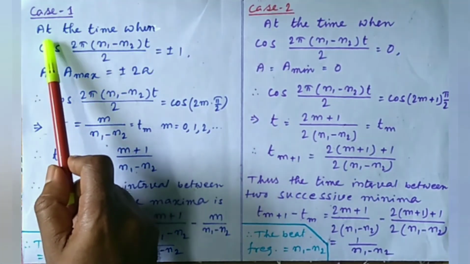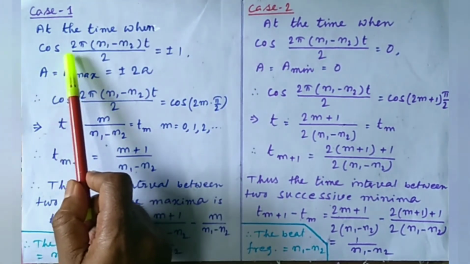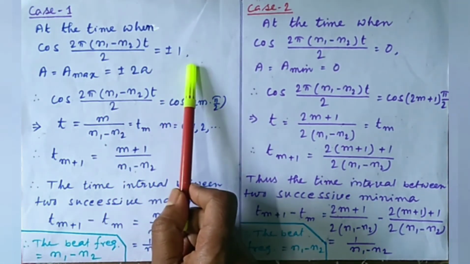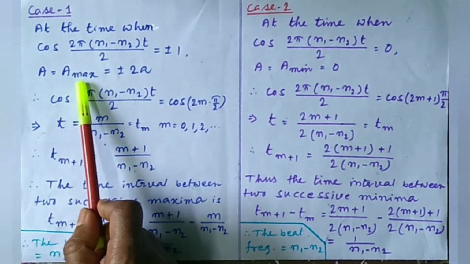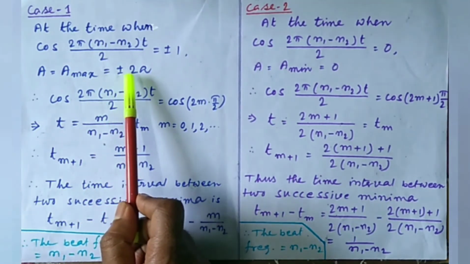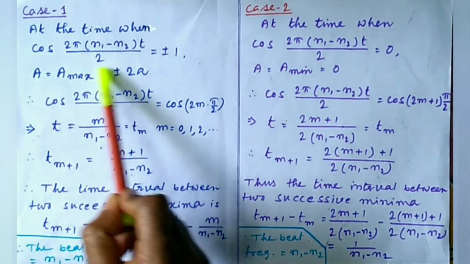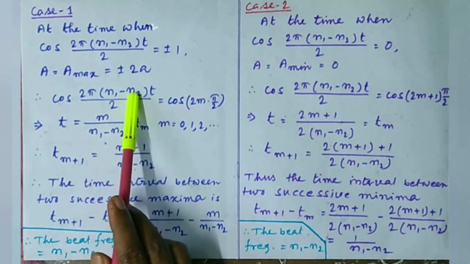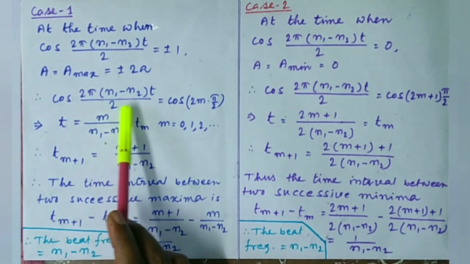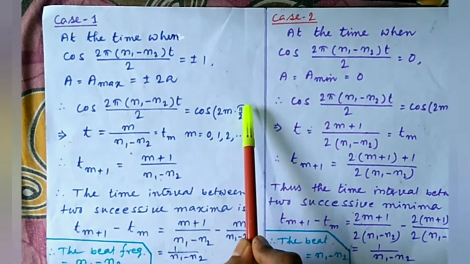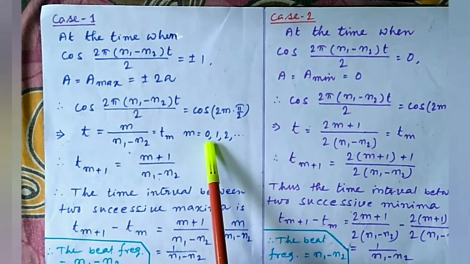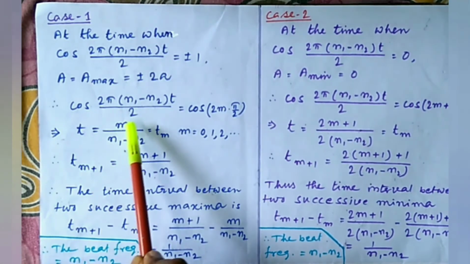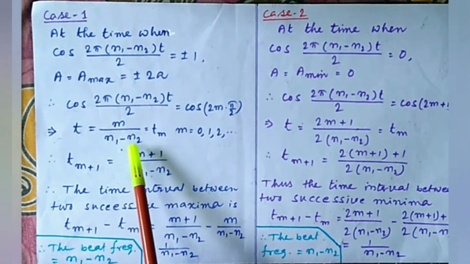For case 1, at the time when cos 2 pi (n1 minus n2) t by 2 equal to plus minus 1, we get A equal to A max, and that is equal to plus minus 2A. Now from this expression we may write cos 2 pi (n1 minus n2) t by 2 equal to cos 2m pi by 2, where m equal to 0, 1, 2, and then we get t equal to m by (n1 minus n2).